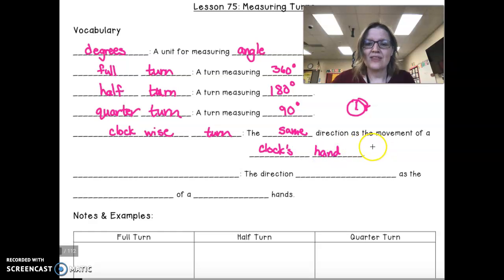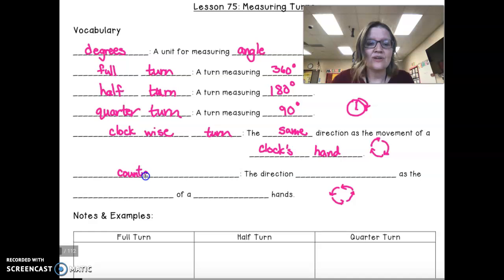And it looks like this. So if this is clockwise, see my little arrows? That is clockwise. Now, what if you wanted to go this way? Be a rebel and go this way. Sorry, guys. This is called going counterclockwise.